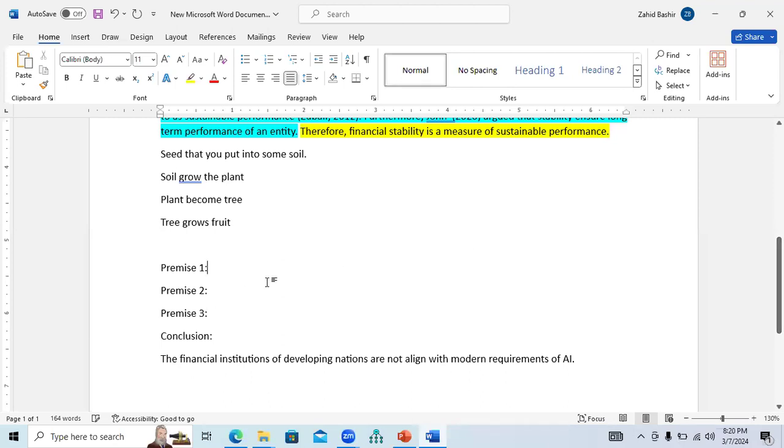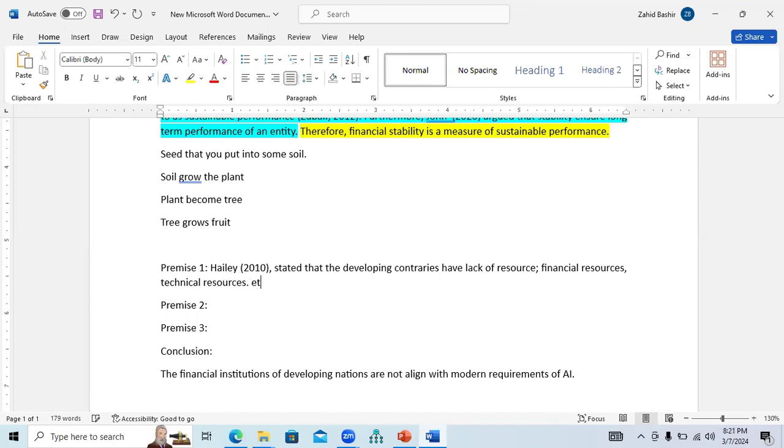For example, one of the studies says, like, Ali 2010 stated that the developing countries have lack of resources, like financial resources, technical resources, etc. Now, this is someone's argument that I have used here.